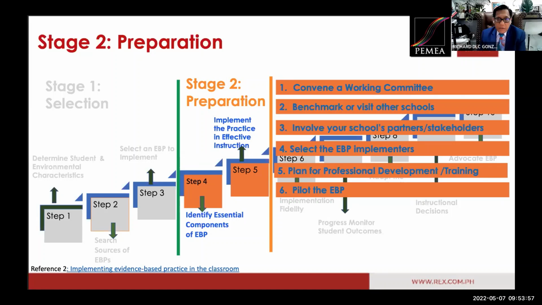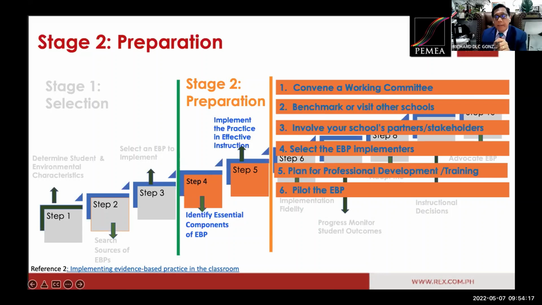And lastly, which is very important, you need to set up a monitoring system and closely monitor the implementation to ensure implementers' fidelity, or loyalty, to the core elements of the program.